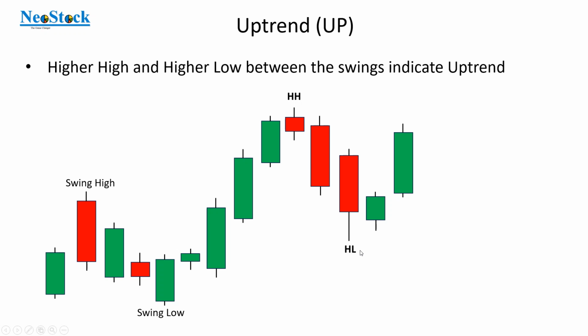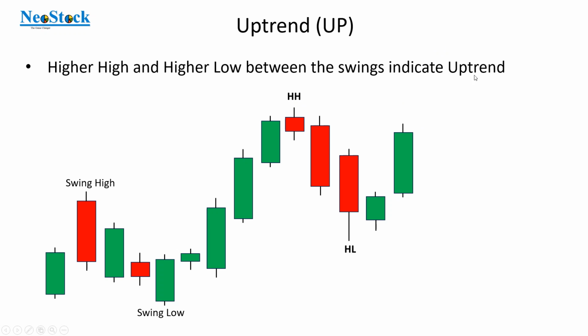If you get higher high and higher low, what does it indicate? Uptrend. That is what we specified here. Higher high and higher low between the swings indicates the uptrend. So in uptrend, higher high, higher lows will be continued. I have shown you only one swing. Like this, you will see the price will again go up, and it will go above this higher high.